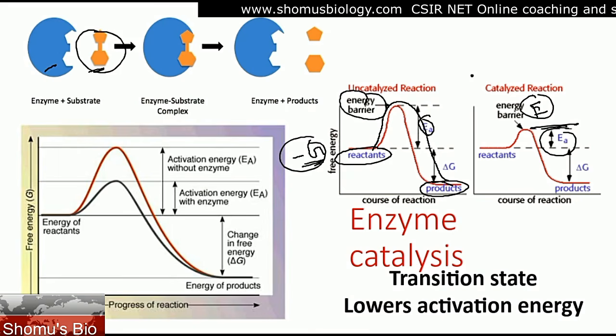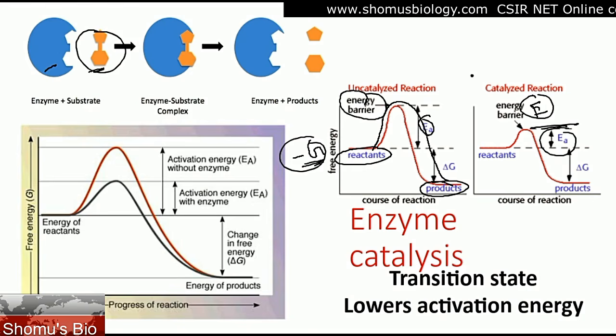So the reaction can achieve the net negative change of free energy much faster. That is the beauty of utilizing any catalyst, and enzymes are catalysts that help to speed up this process and give you the product.